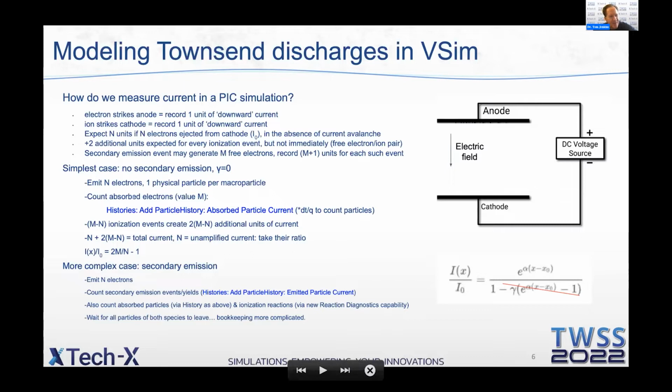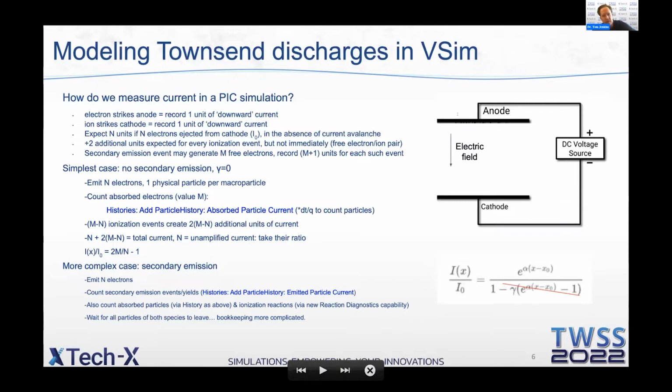In the simpler case that our example covers at the moment, we're just going to neglect secondary emission entirely. We'll cross off this denominator essentially and try and compute this alpha coefficient using VSim. Essentially what we'll do then is we will spit out some number of electrons from the cathode, and then we'll catch them at the anode and count how many actually got there.